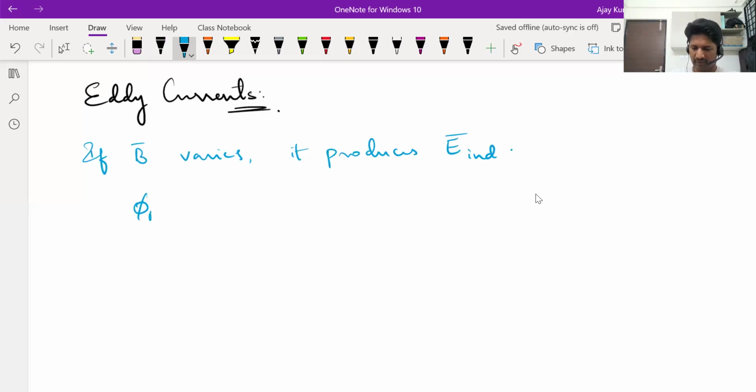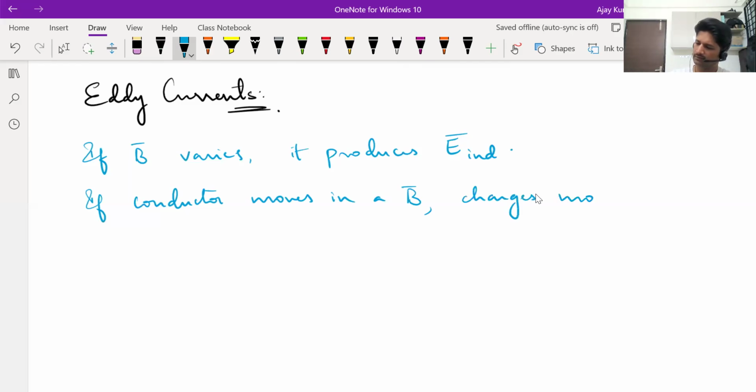And if a conductor moves in a magnetic field, charge separation will occur. Why? Because of the magnetic force F equals qv cross B. That is how motional EMF is generated. If a conductor moves in a magnetic field, charges move around in the conductor. So any of these methods can be used to generate eddy currents.